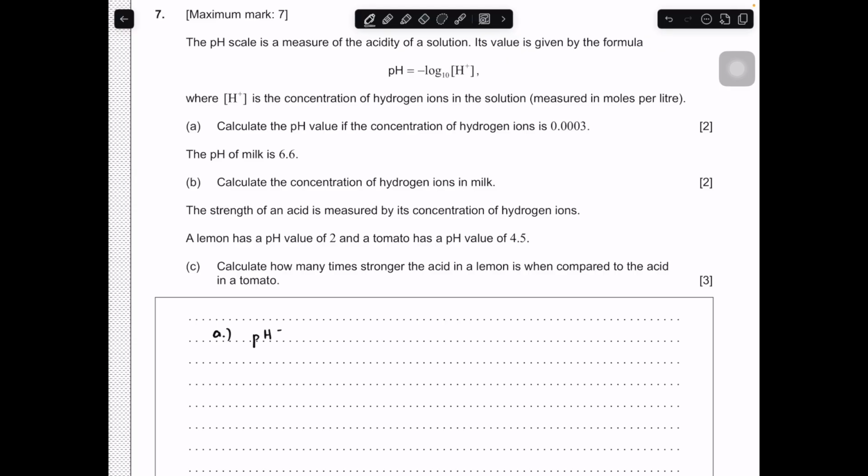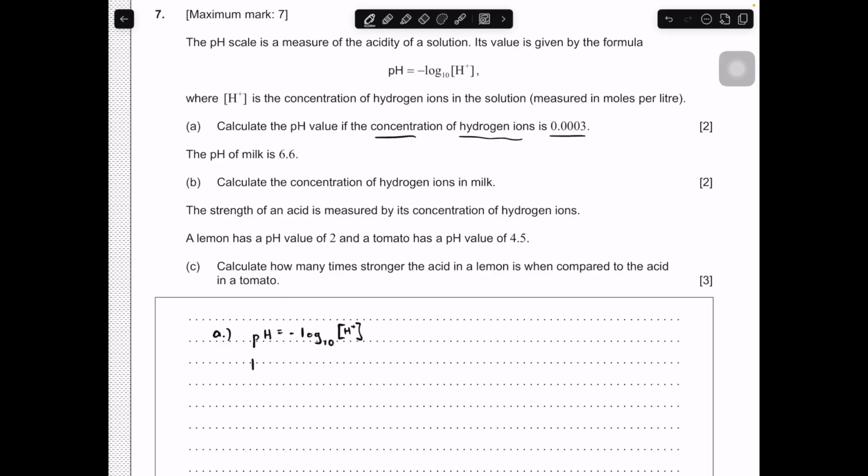pH is equal to negative log base 10 of H+. That's our formula. And they tell us that the concentration of hydrogen ions is 0.0003. That is to say, in this case, H+ is equal to 0.0003.